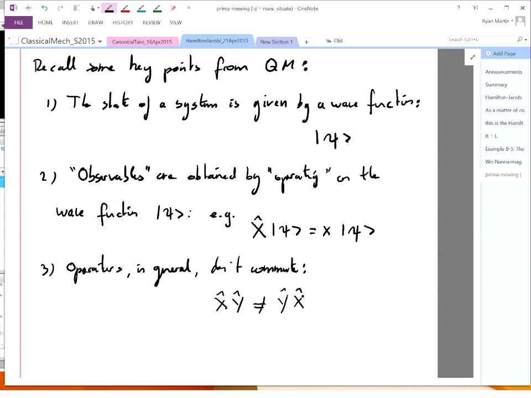In fact, there are very specific rules about which operators commute and which don't. So x position and y position actually commute. But if they were x momentum and x position, then they don't commute. And generally, the things that don't commute are the things that have Heisenberg uncertainty principles.